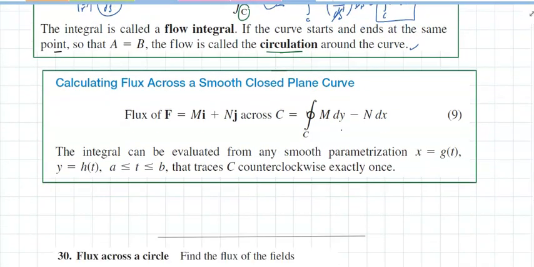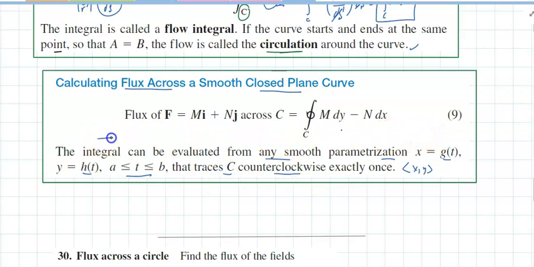And if I want to calculate the flux across a smooth, closed plane curve, right? The integral can be evaluated on any smooth parametric equation where x is a function of t, y is a function of t, t varies between those two values, that traces C counterclockwise.